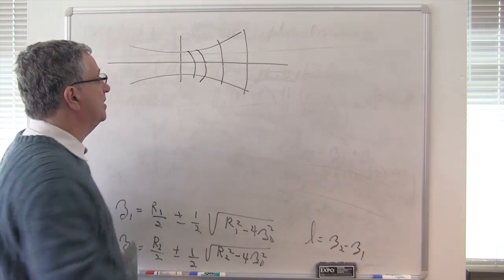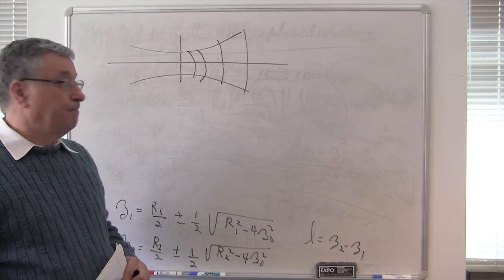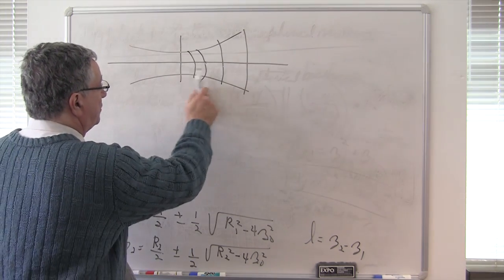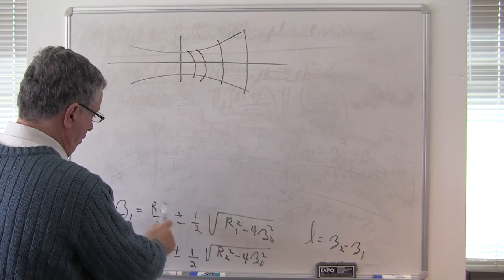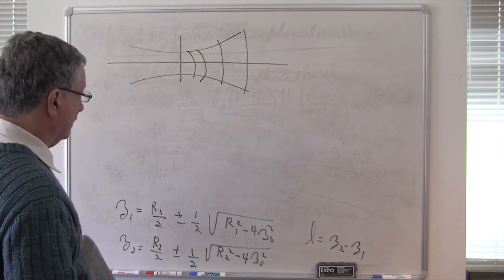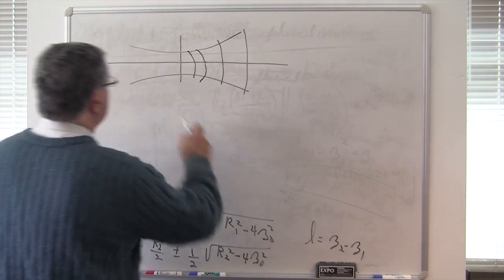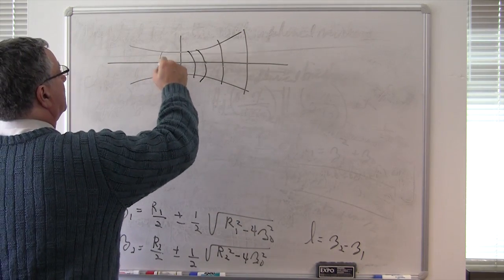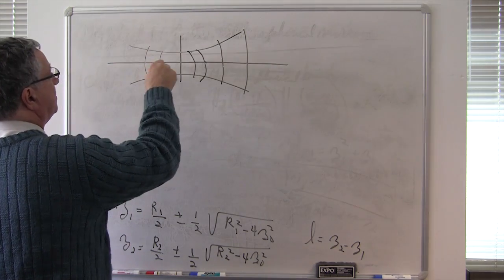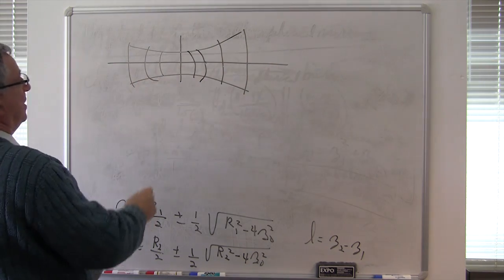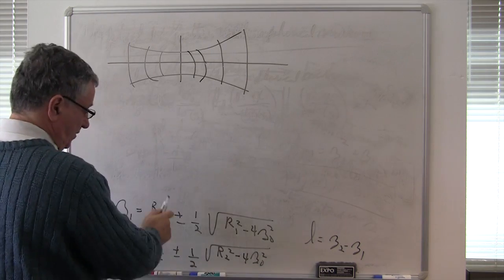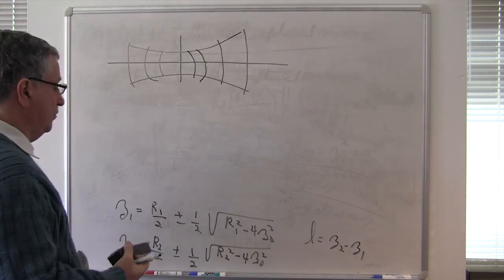This is where you get the maximum radius of curvature here. So that's why you get two solutions here for the same radius of curvature. And the same thing for the other mirrors; here you would have the same type of situation. So that's why you get these multiple solutions.